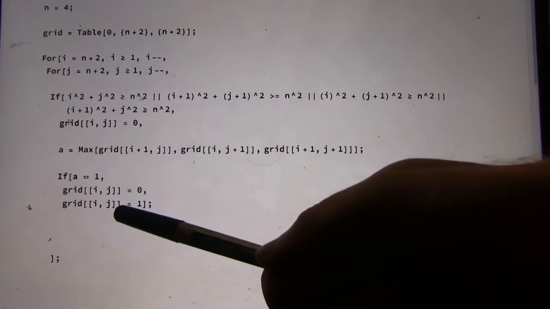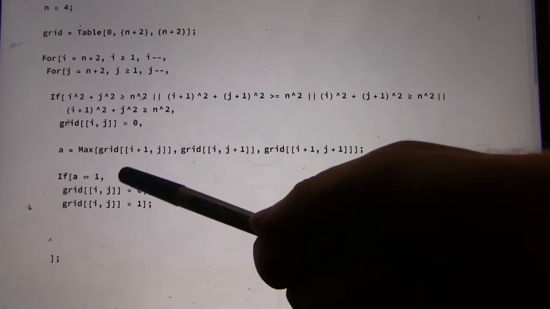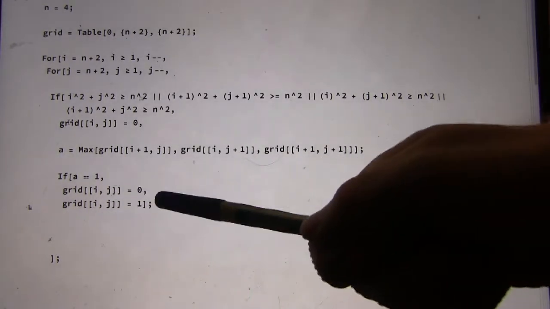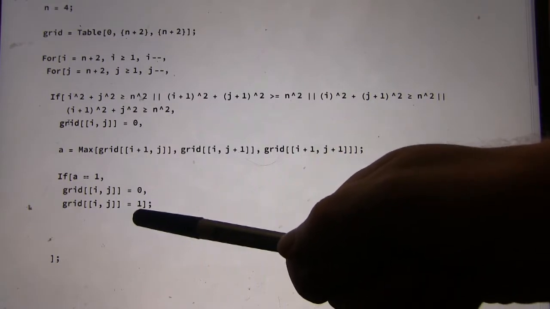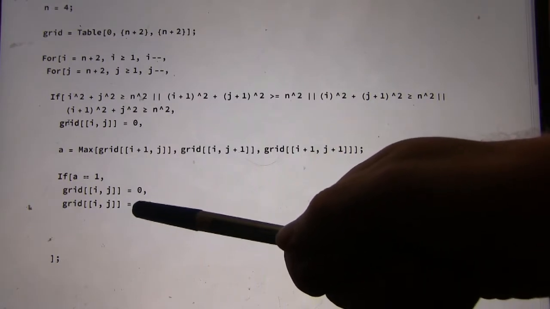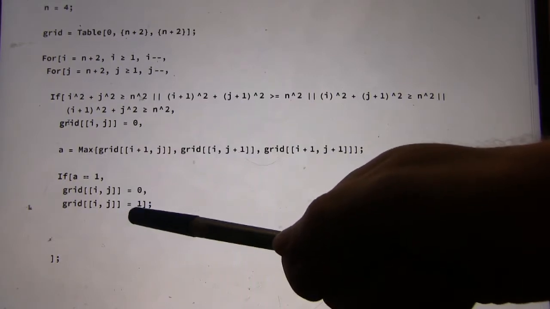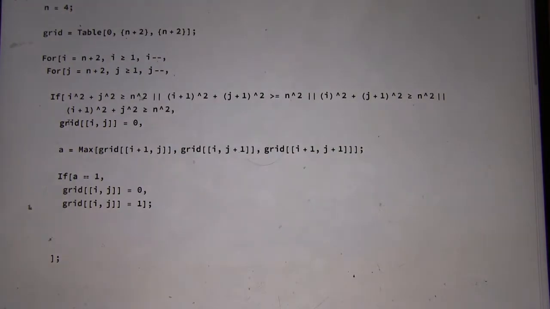And if the maximum value isn't 1, that's the other choice in the if statement, it becomes a 1. If the maximum value is 0, in other words, if I can only move to points where my opponent will win, then I lose.